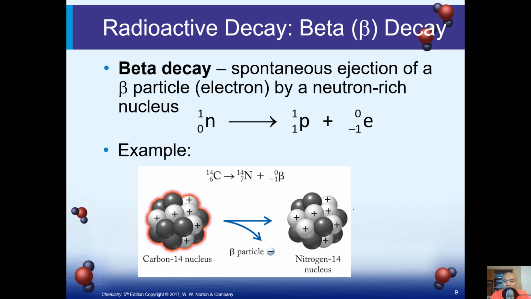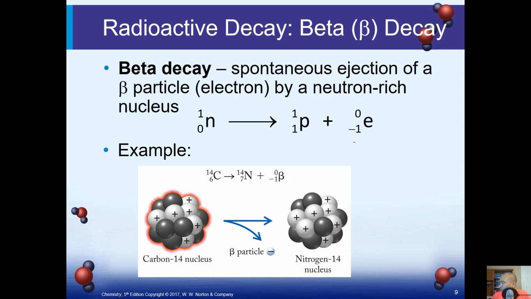This is quite important. I'm going to say it one more time. The nuclides that are above the band of stability are neutron-rich and will undergo beta decay, which is a process that converts a neutron to a proton. An example of this process is shown, in which a neutron is converted to a proton by releasing a high-energy electron called a beta particle.